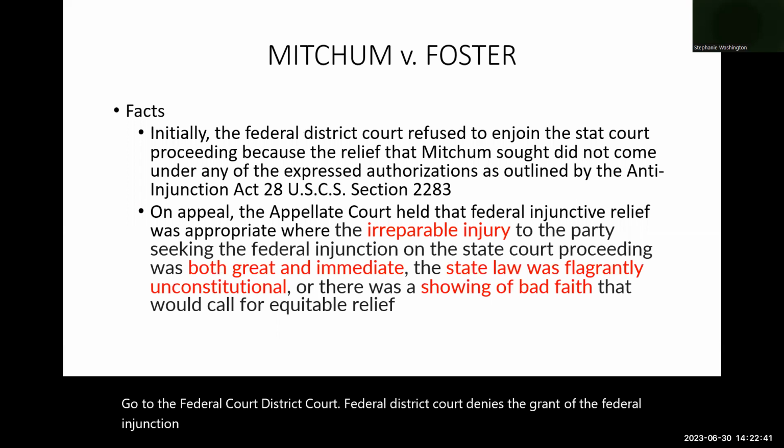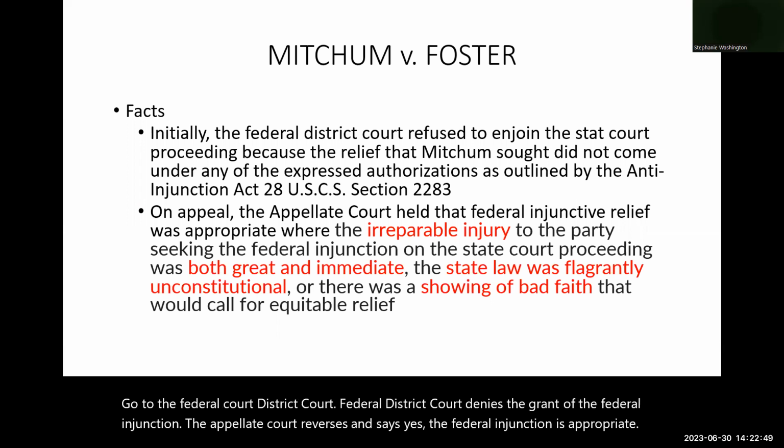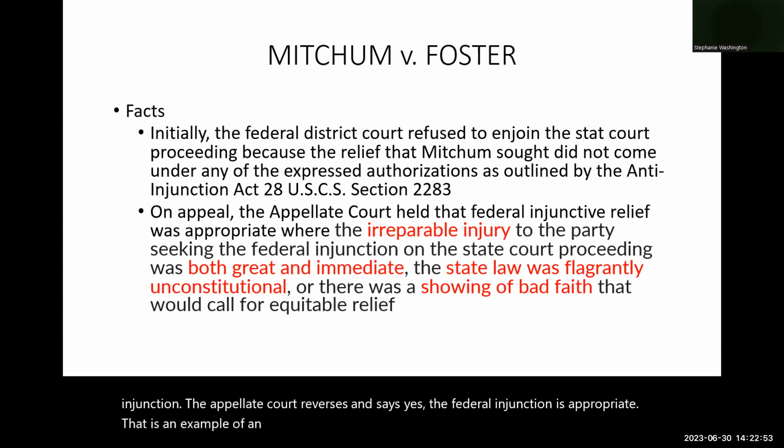The appellate court reverses and says, yes, the federal injunction is appropriate. That is an example of an expressed authorization, right?